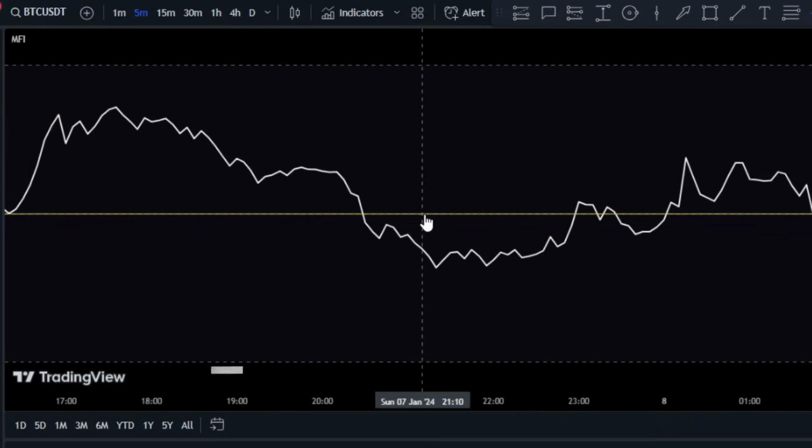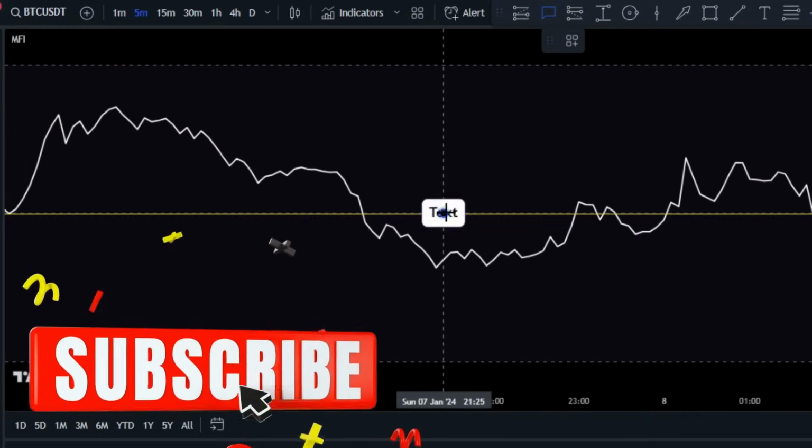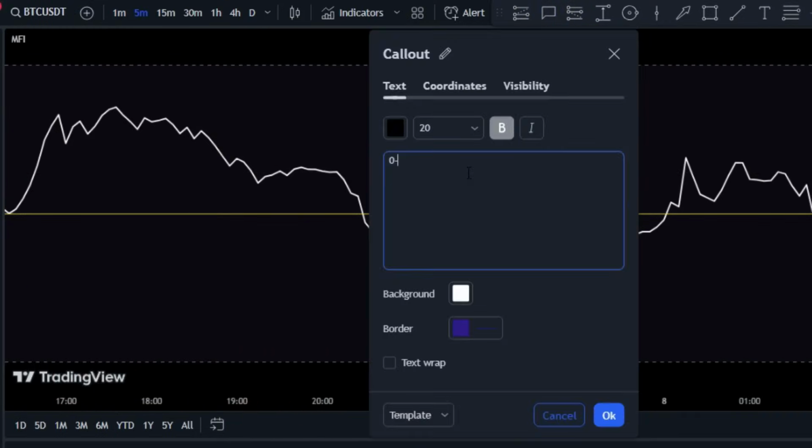By doing this, we can use the zero level line in the Money Flow Index Indicator to help us identify the signals with the highest potential for profit.